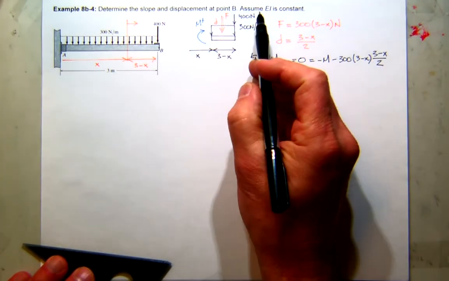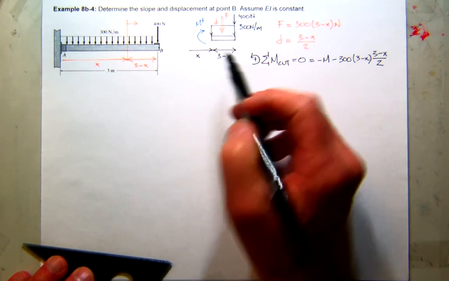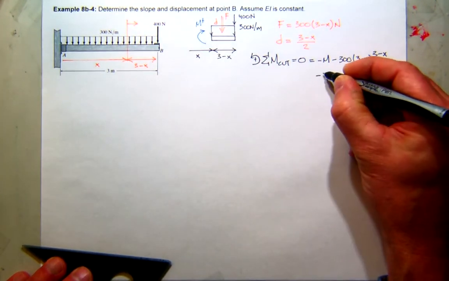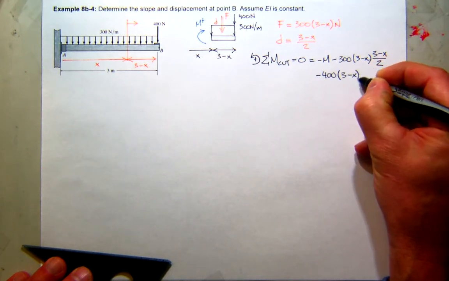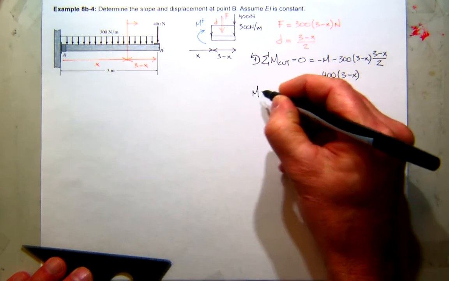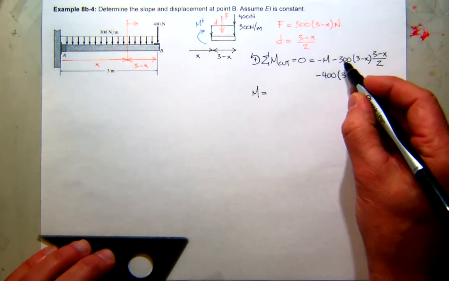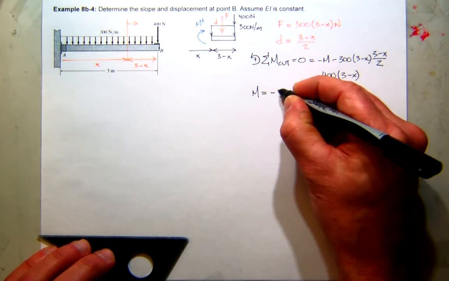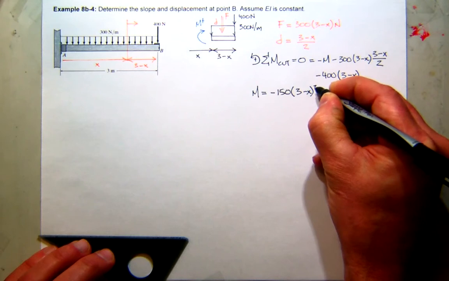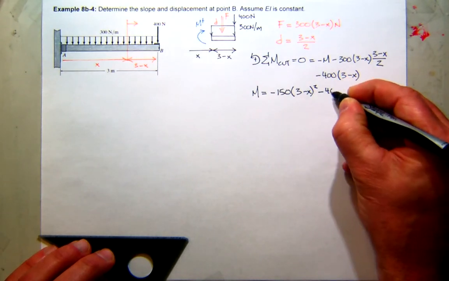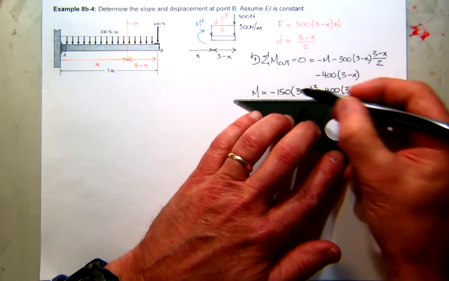And then don't forget our little 400 newton force. What's its distance? 3 minus x. And it's also negative. So it'd be minus 400 times 3 minus x. So solve for the moment, and what do we get? Well, I'll let that 1/2 go over here, so I'll get minus 150 times 3 minus x squared minus 400 times 3 minus x. So there's my moment expression.